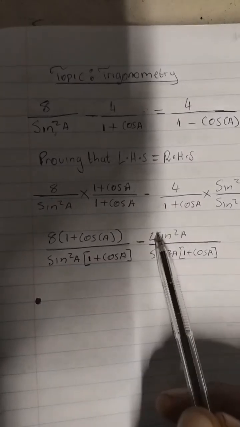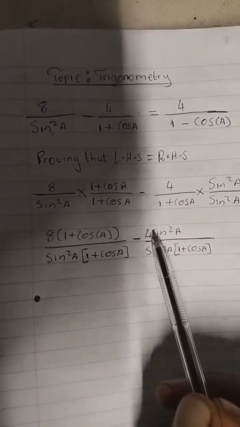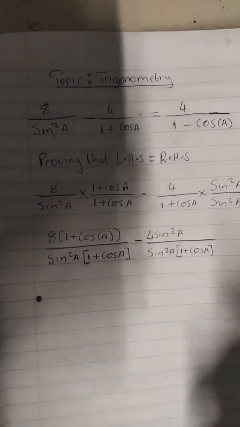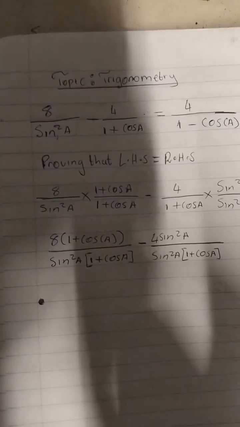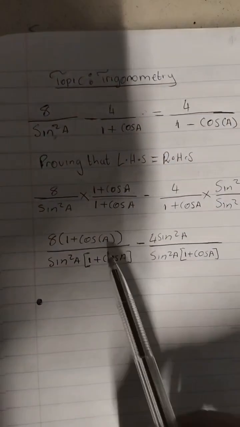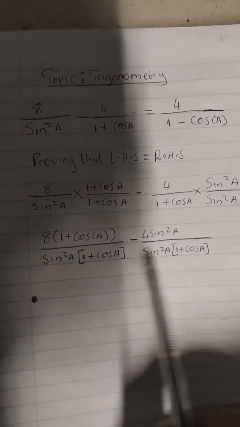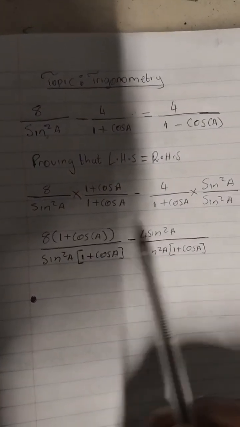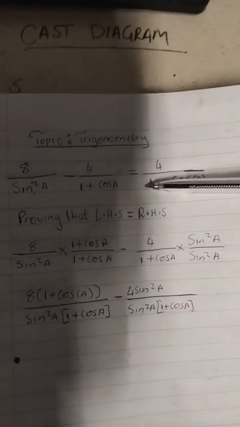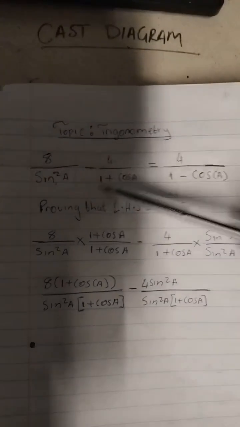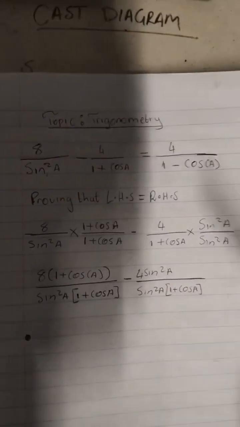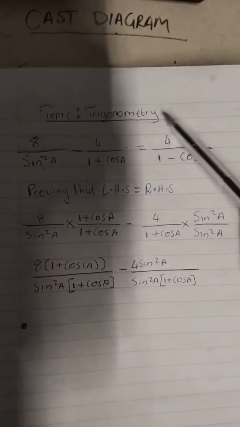We will just simply add the numerators. Yes, that's the plan. We will make the denominators the same, and we add the numerators. Because the aim is to make this look like this, ne?